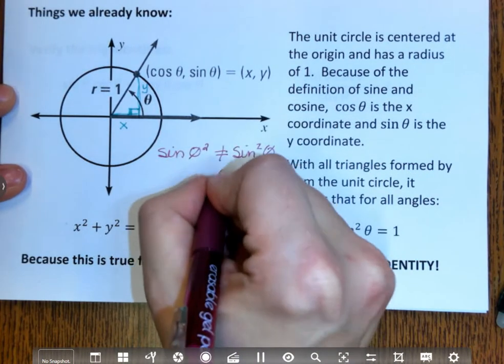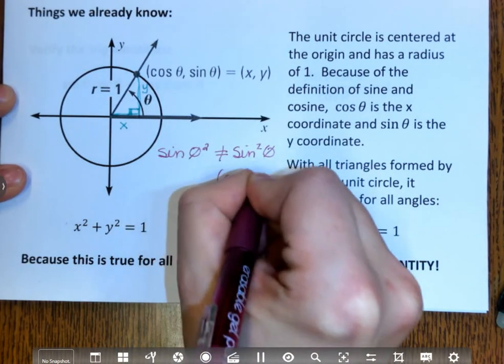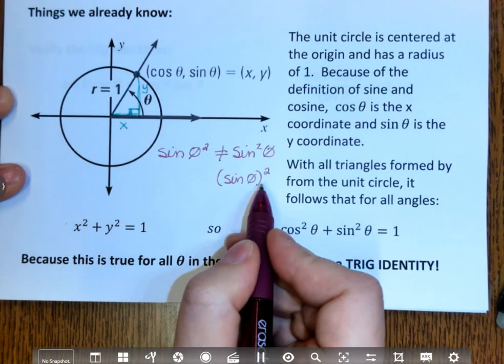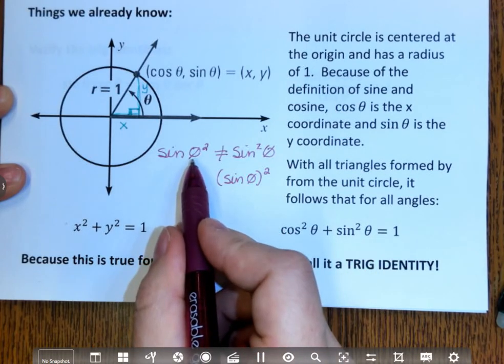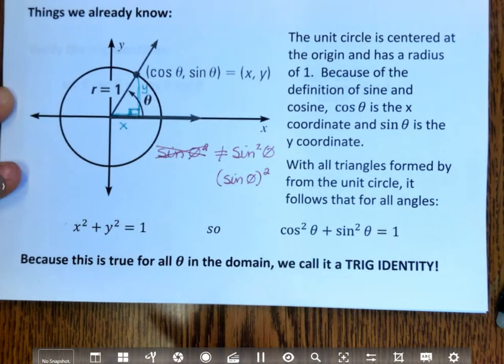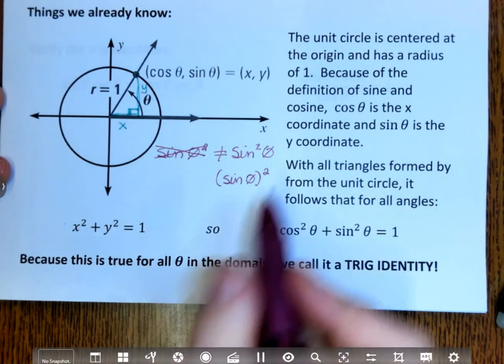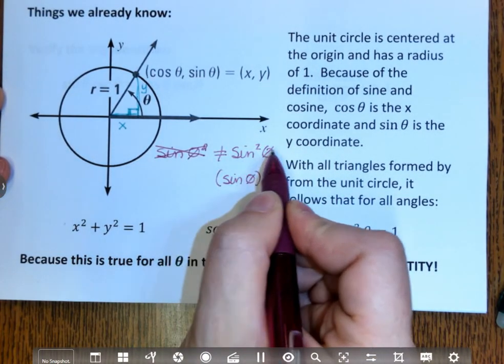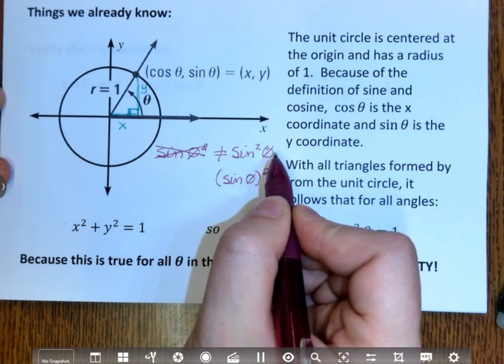This here is saying I'm going to take all of the sine and square it, whereas this is only squaring the angle. So do not write that down. That is not appropriate. Your squared goes next to the sine, not next to the angle. You guys okay with that?